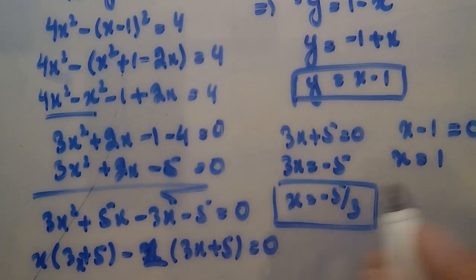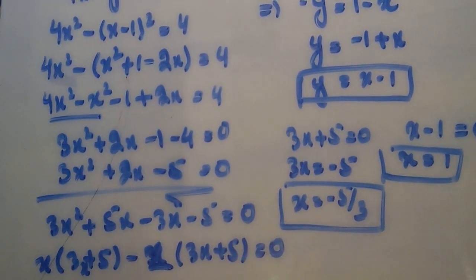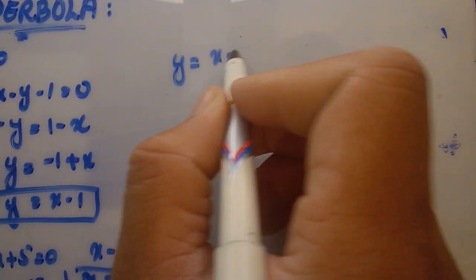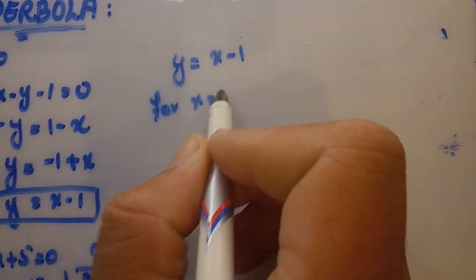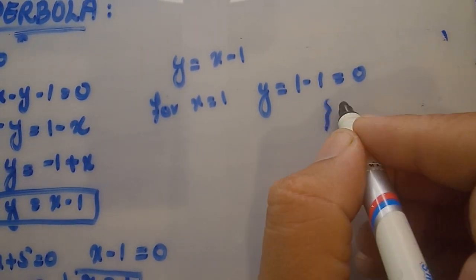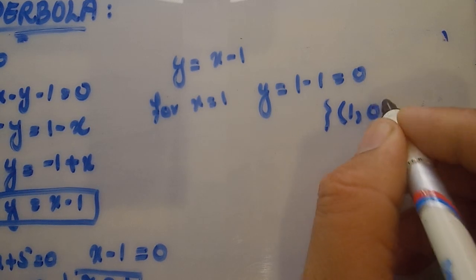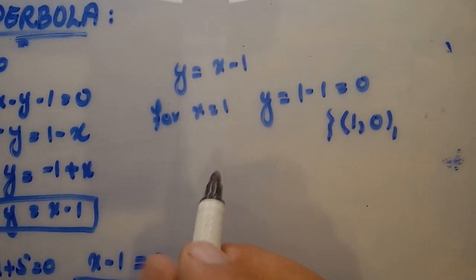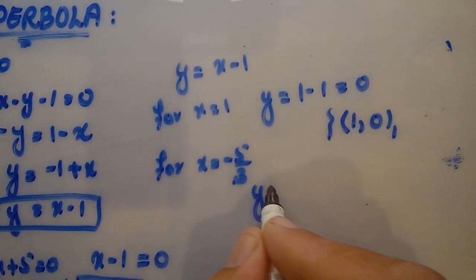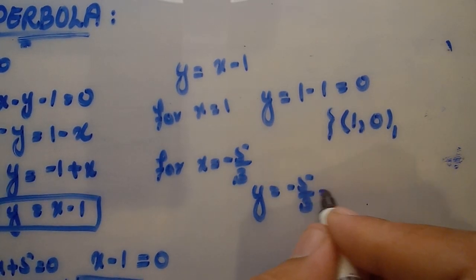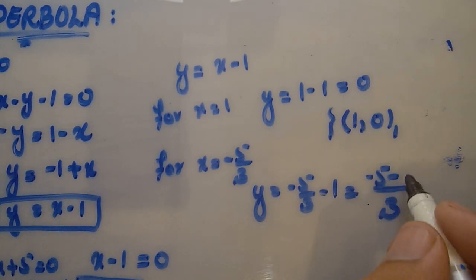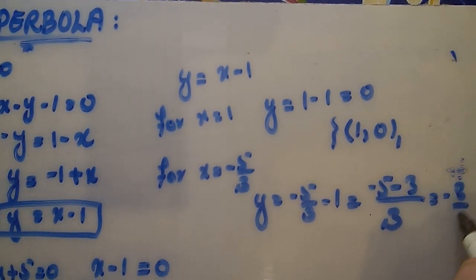So here we have two values of x. For these two values of x, we have separate values of y. y is equal to x minus 1. For x is equal to 1, y is equal to 1 minus 1, which is 0. So the first point of intersection is (1, 0). The second point of intersection: for x is equal to minus 5 by 3, y is equal to minus 5 by 3 minus 1, which is equal to (minus 5 minus 3) by 3, this will become minus 8 by 3.